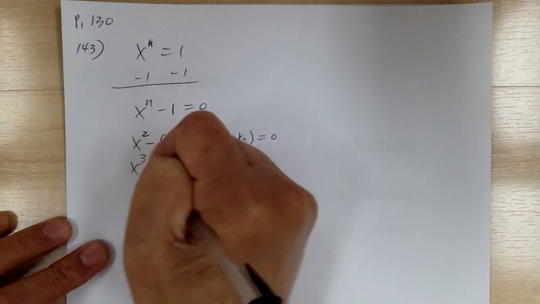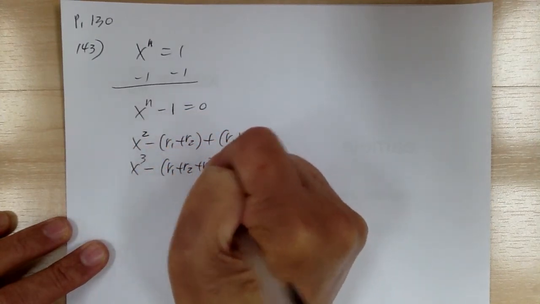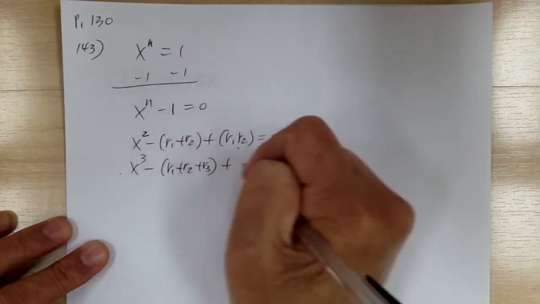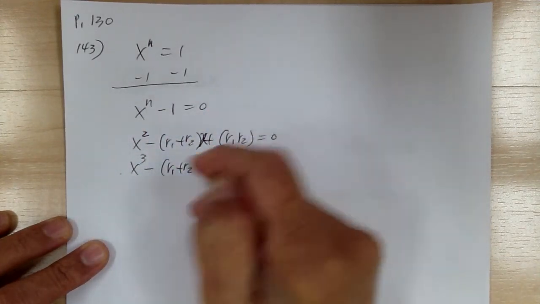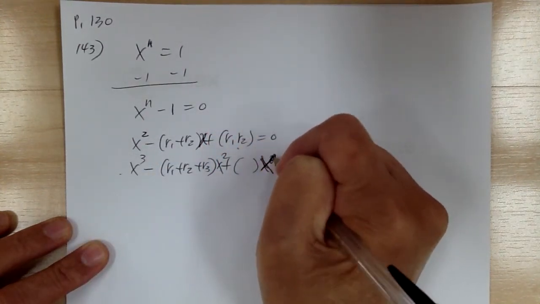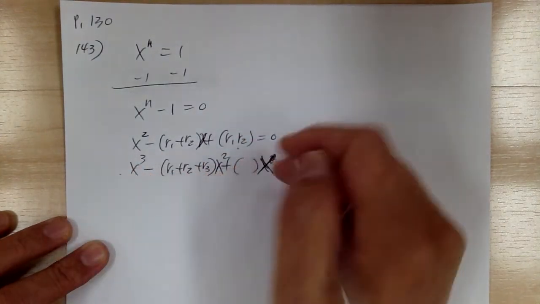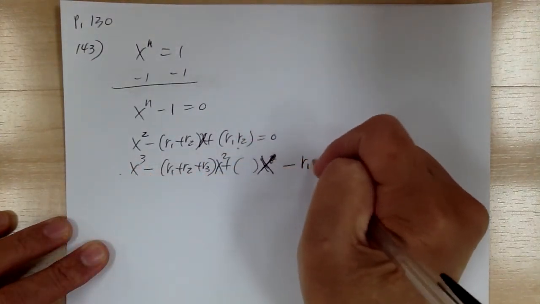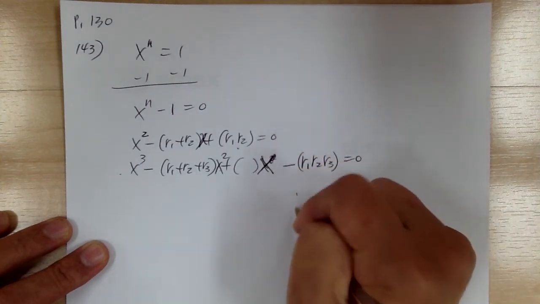For the cube, you got x cubed minus (r1 plus r2 plus r3) x squared, plus something x, minus r1 r2 r3 equal to 0, and so forth, right?